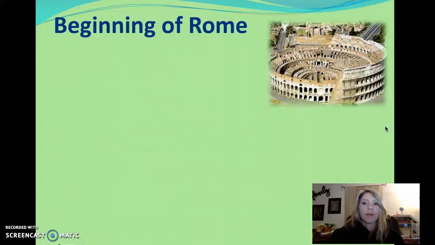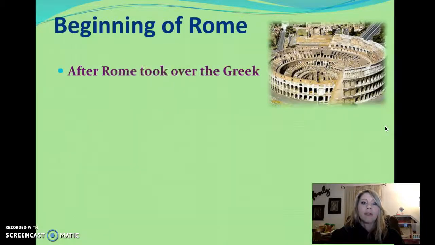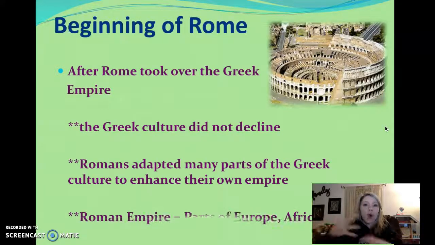What we started with before winter break was the beginning of Rome. We said that once Rome took over Greece, they really envied the Greeks. It wasn't that they just wanted to destroy everything there, similar to what the Spartans did. They were really going to adopt all of Greek culture. They adopted their architecture and their language.